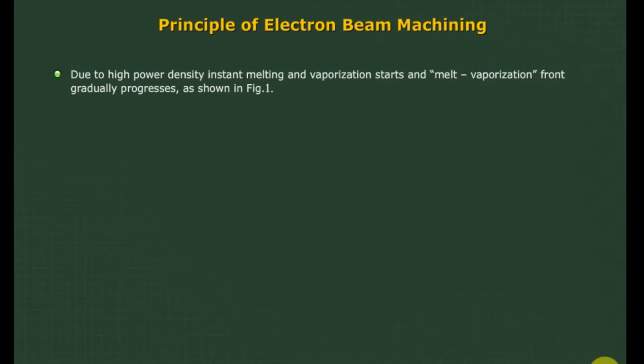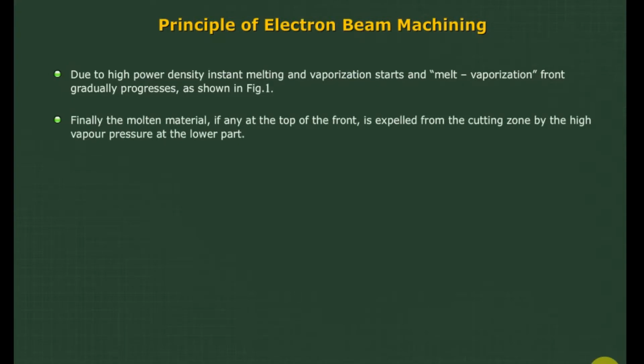Due to high power density, instant melting and vaporization start, and the melt vaporization front gradually progresses as shown in figure 1. Finally, the molten material, if any, at the top of the front is expelled from the cutting zone by the high vapor pressure at the lower part.